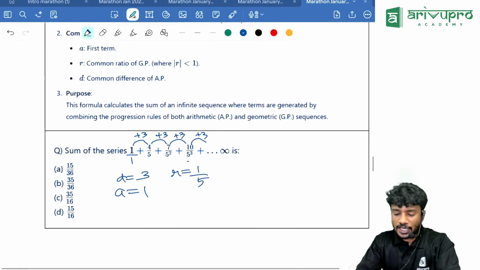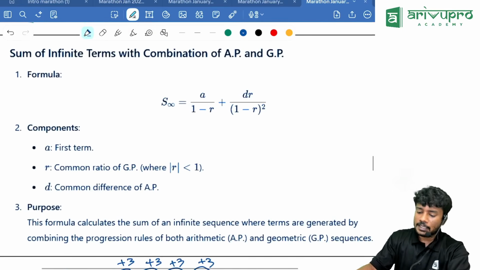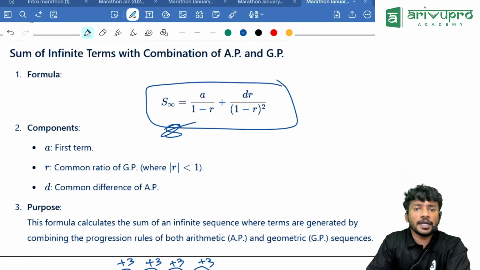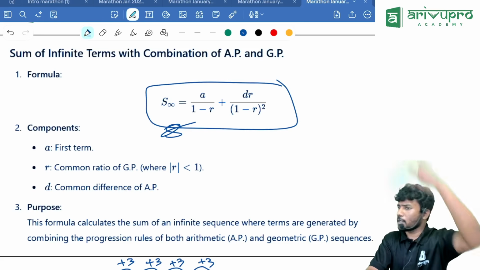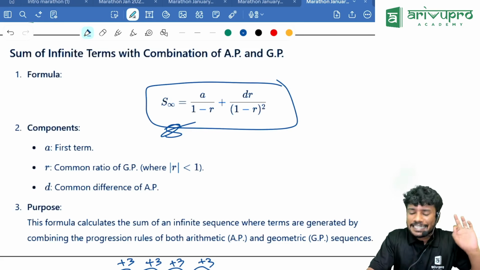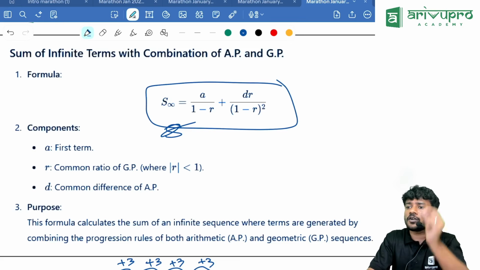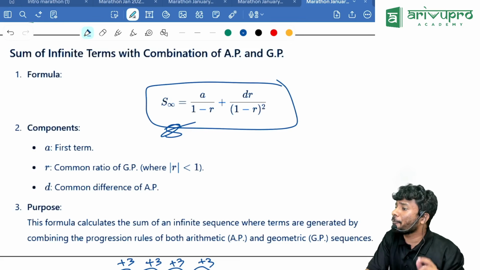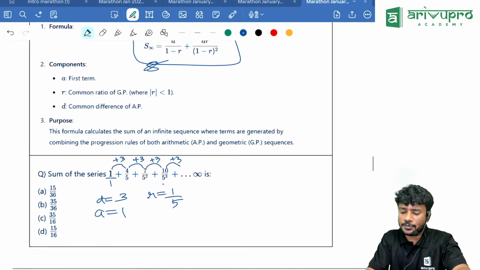Now we have a formula for combining that. S infinity is equal to A by 1 minus R plus dr, where D is the common difference and R is the common ratio, divided by 1 minus R the whole square. Substitute over there.